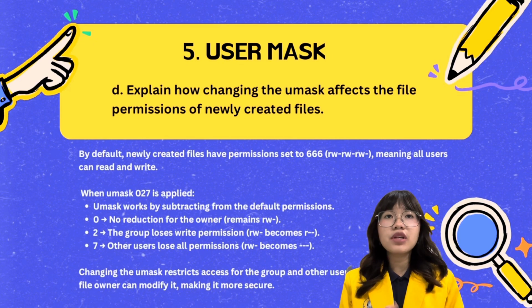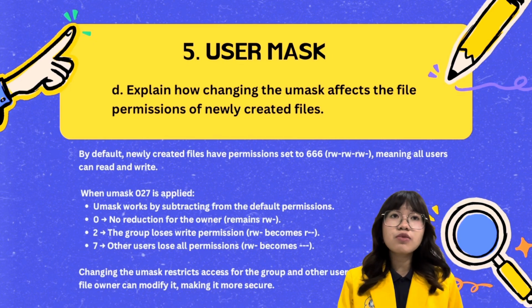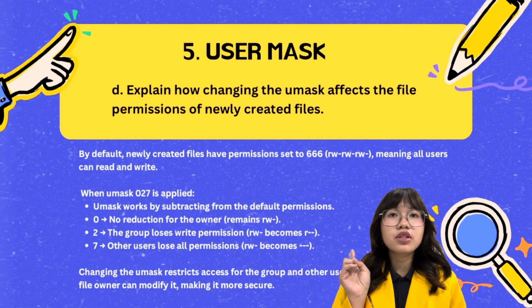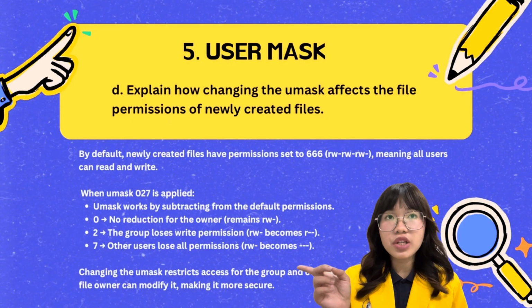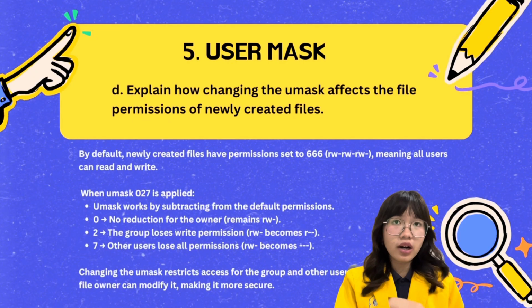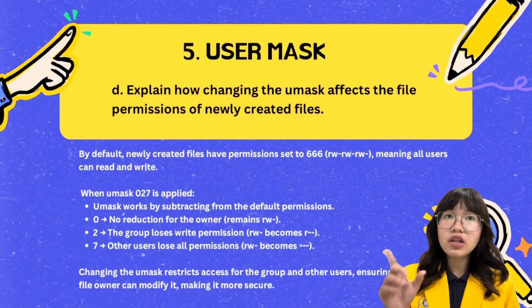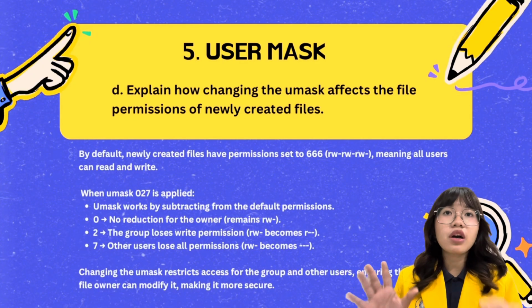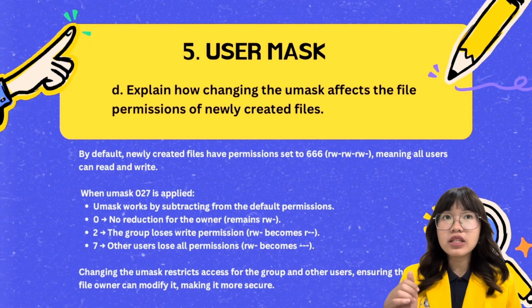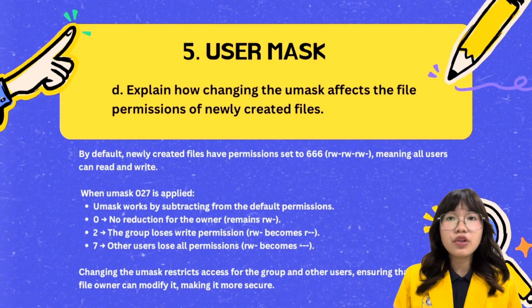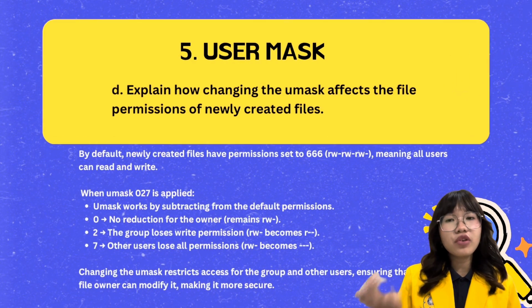After changing the umask to 027, the system subtracts from the default permission as follows: 0, no changes for the owner, rw; and 2, the group loses write permission, leaving only read permission, or r; and 7, other users lose all permission. As a result, the new file can only be accessed by the owner and group, while other users have no access at all. With this, we have improved the security of newly created files.